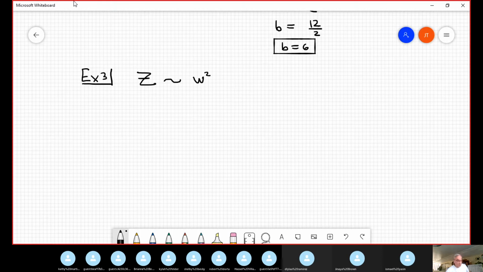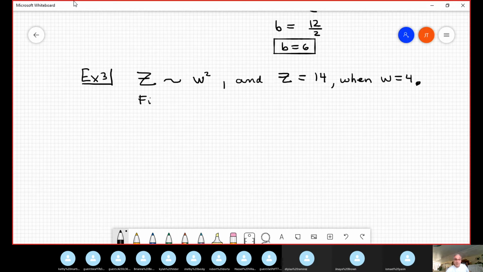And suppose the capital Z is equal to 14 when W is 4, period.